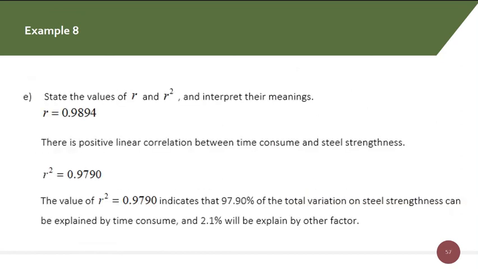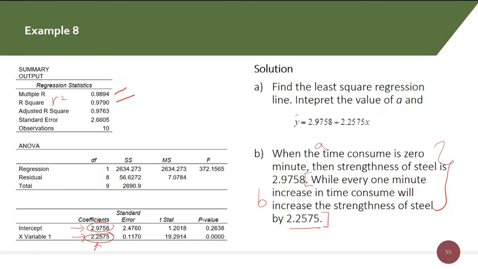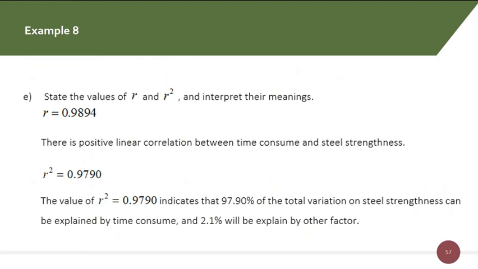So your R equals 0.9894 by looking at the summary output, and then R squared equals 0.9790. So from this R, you can interpret that there is a positive linear correlation between time consumed and steel strength. And the value of R squared indicates that 97.90% of total variation in steel strength can be explained by time consumed, and 2.1% will be explained by other factors.